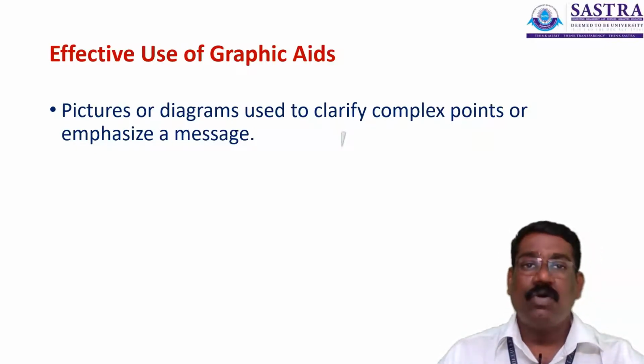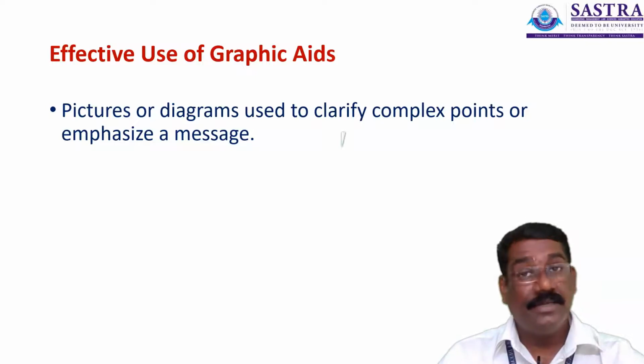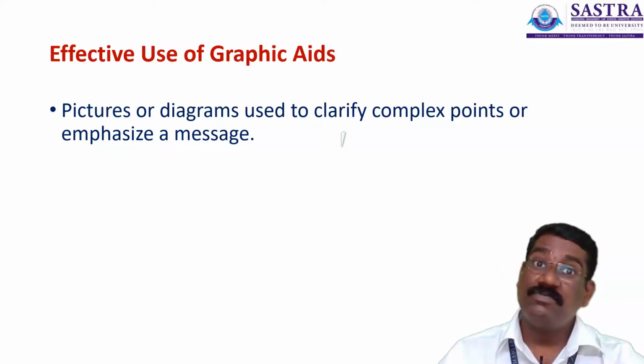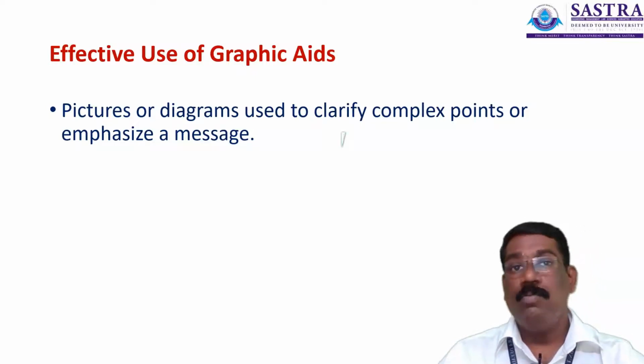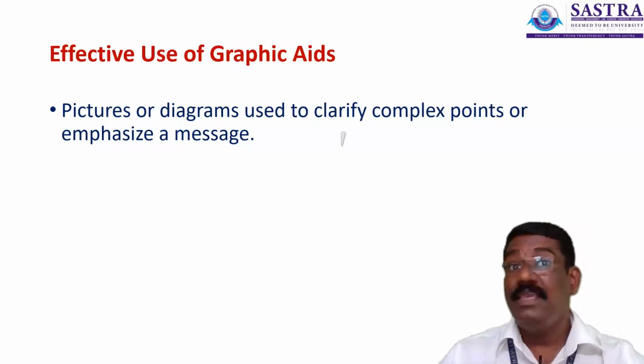The graphic should always be interpreted in the text. This does not mean that the writer should exhaustively explain an obvious chart or table, but it does mean that the text should point out the key elements of any graphic aid and relate them to the discussion in progress.